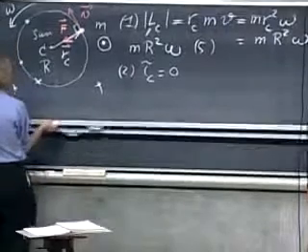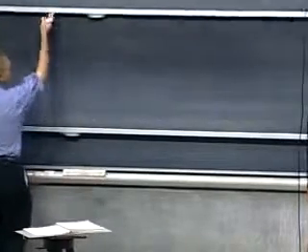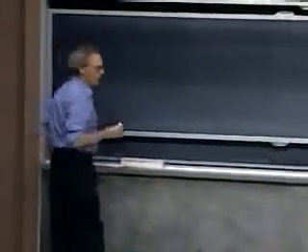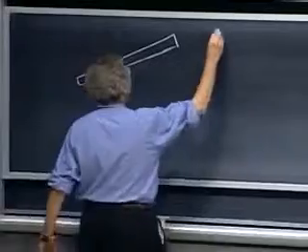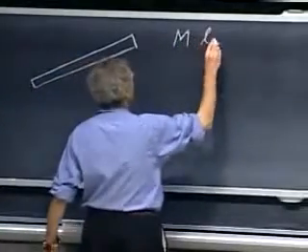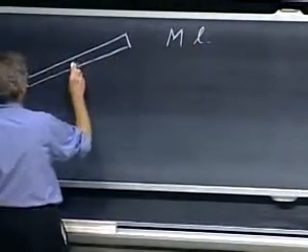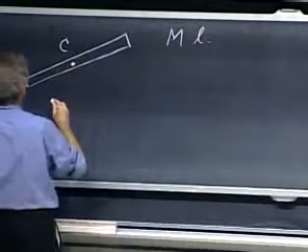Now I take another example whereby angular momentum is only conserved relative to one point, but not to any other point. I take a ruler or a rod, and the rod has mass m and length L, and C is the center of mass of that rod.